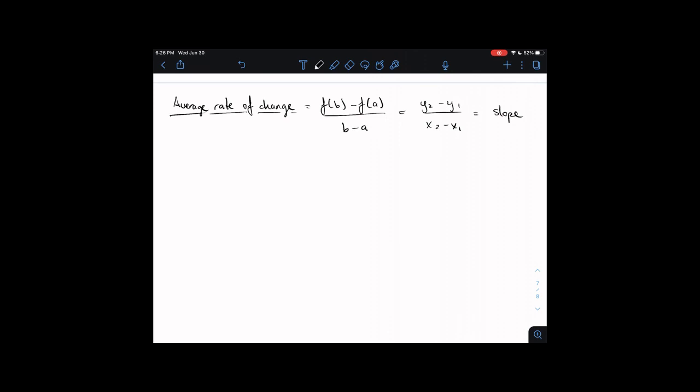So here we have some picture that looks kind of like this. I have a point A, I have a point B. Great. So here's my f of A. My f of b. All the way around.